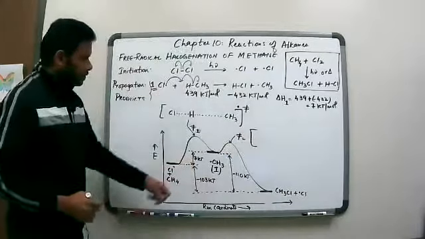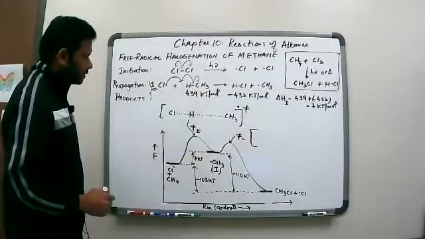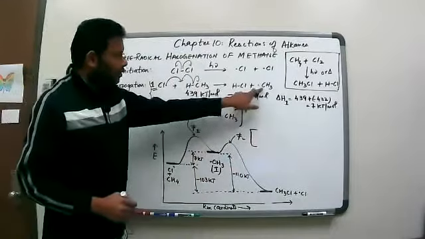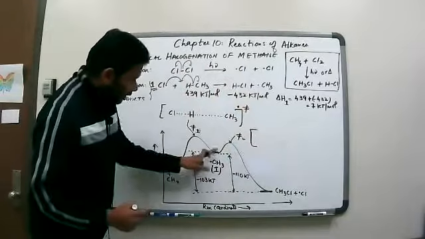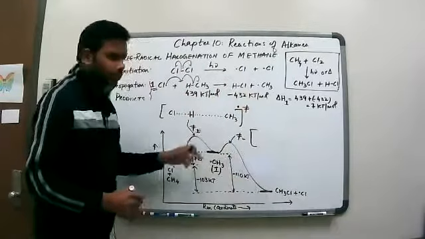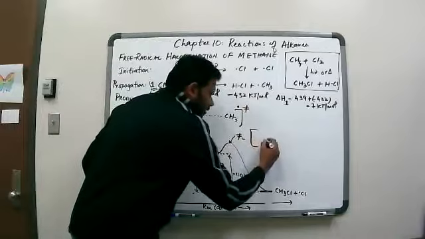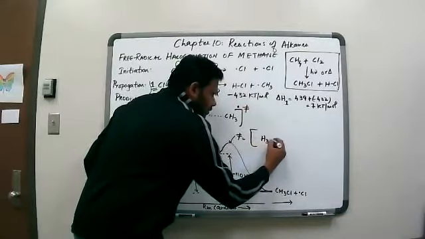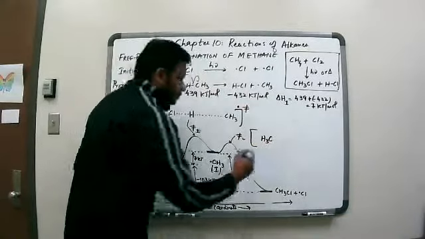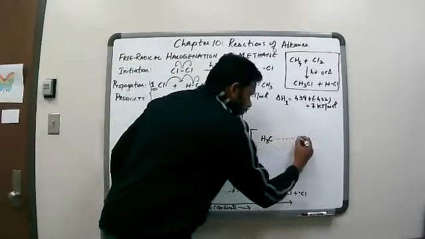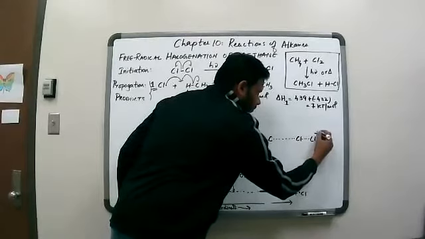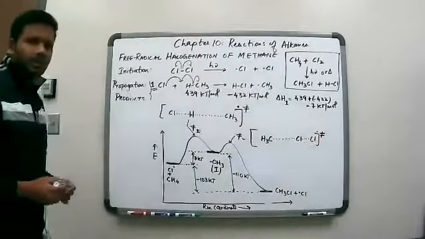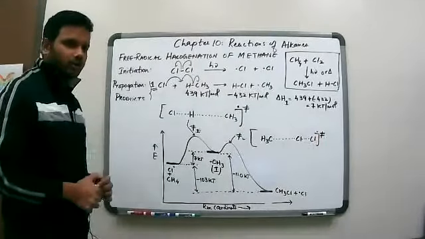So I think the transition state for the second propagation step, which is when the methyl radical reacts with the chlorine, and it's an exothermic step, should look like this. I think that's the transition state for the second propagation step.